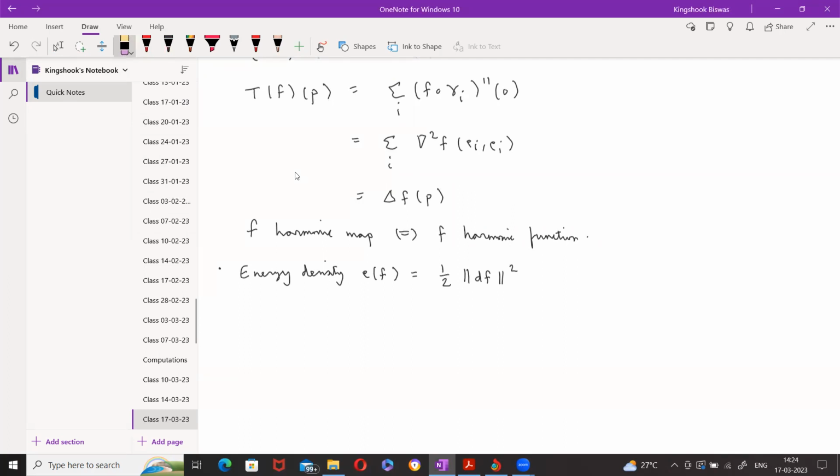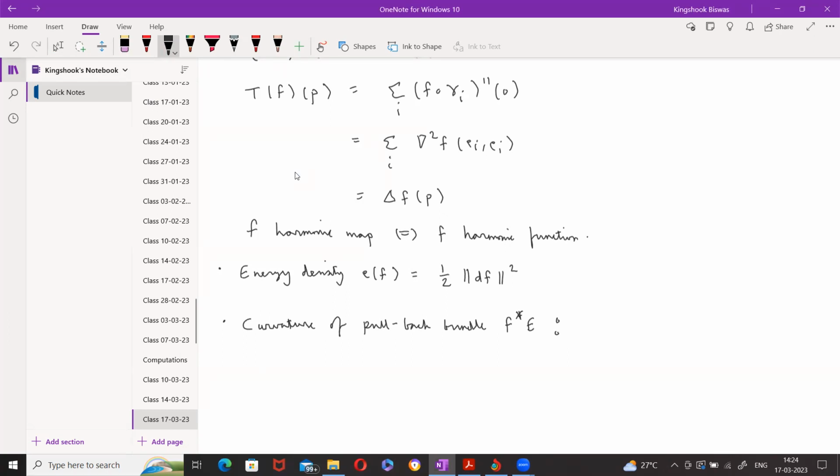The first thing is we have to look at the curvature of a pullback bundle f star E.